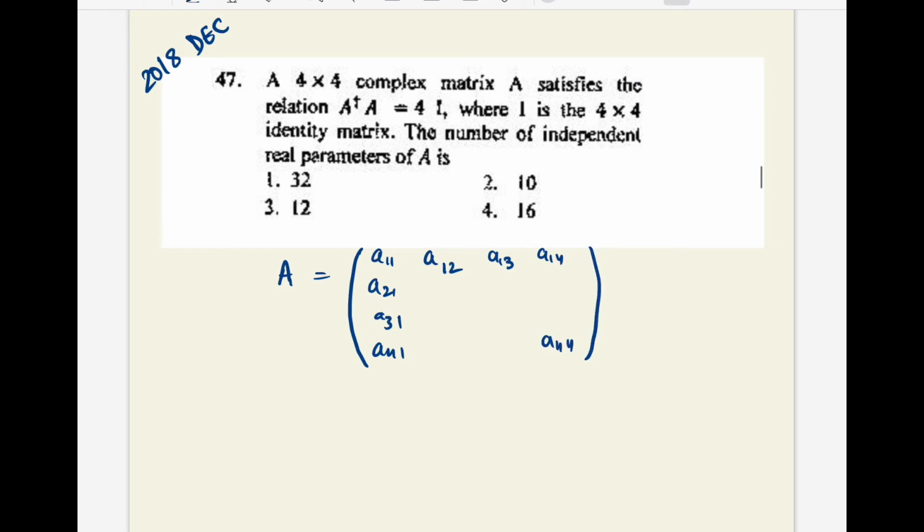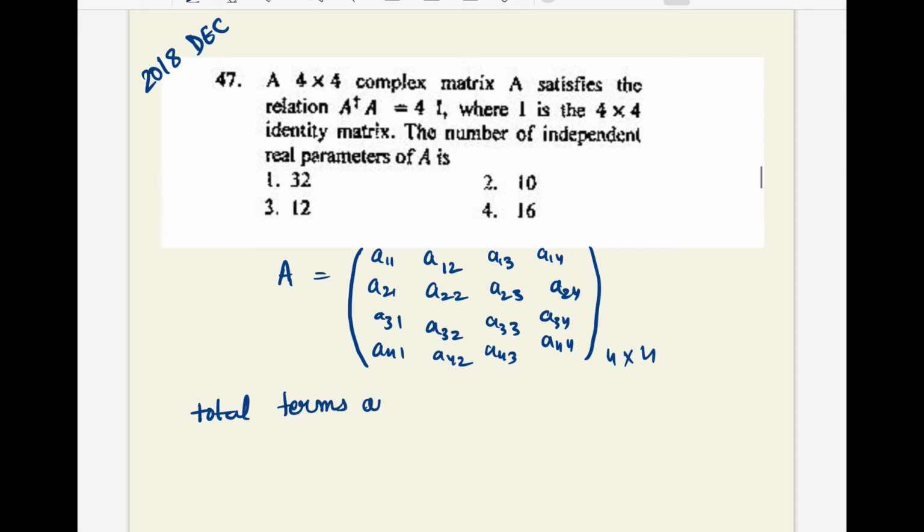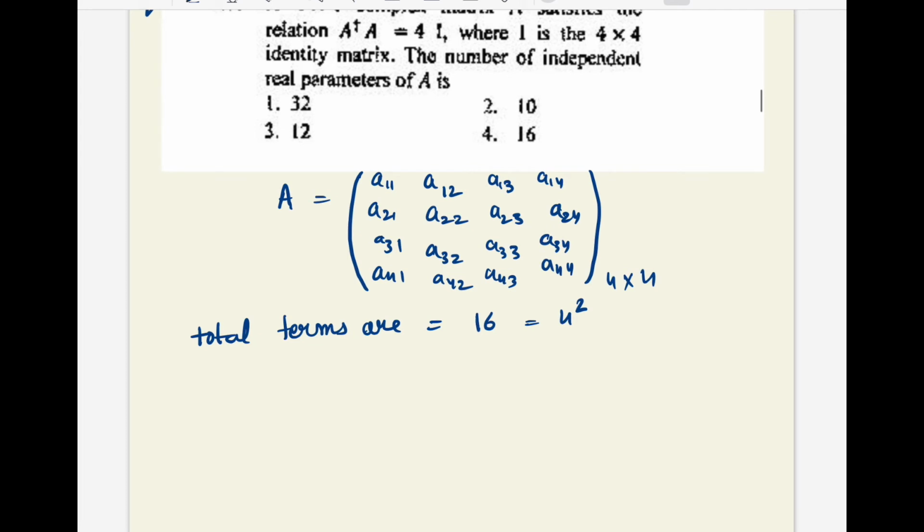This can be filled up: A22, A23, A24, A32, A33, A34, A41, A42, A43, A44. So there are total terms in a 4 cross 4 matrix. So total terms are 16, 4 square only. Okay, so total terms are 16.